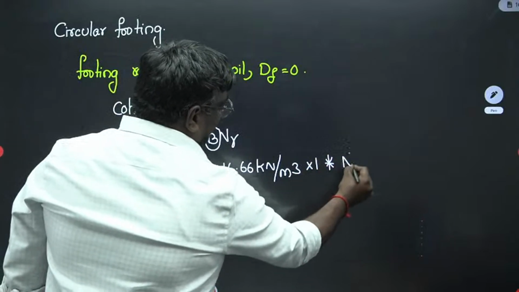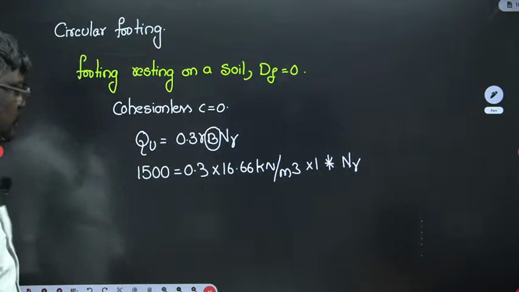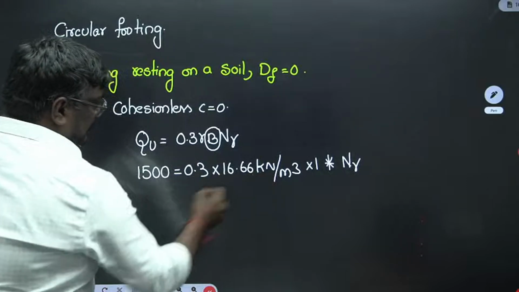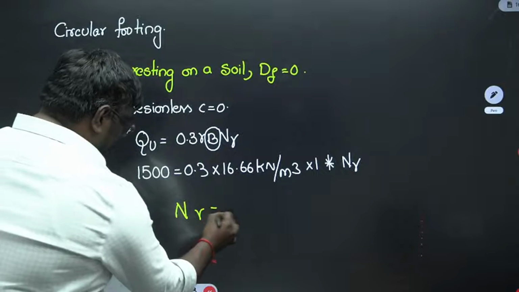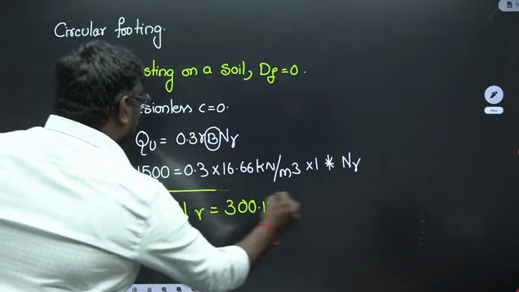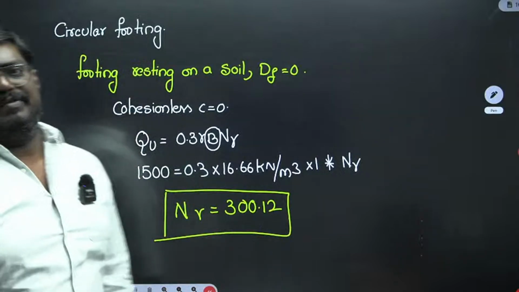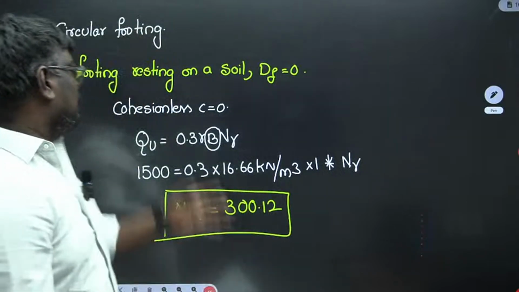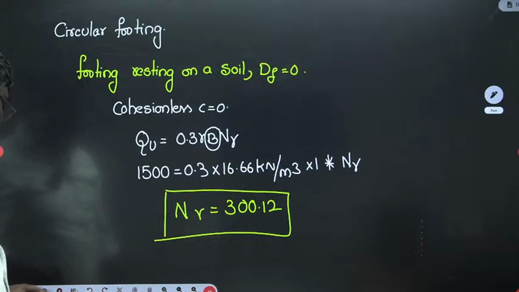If you plug in these values, the N gamma value will be equal to 300.12. This is a very simple question, and it is one of the previous year questions also, using the concept utilized here.